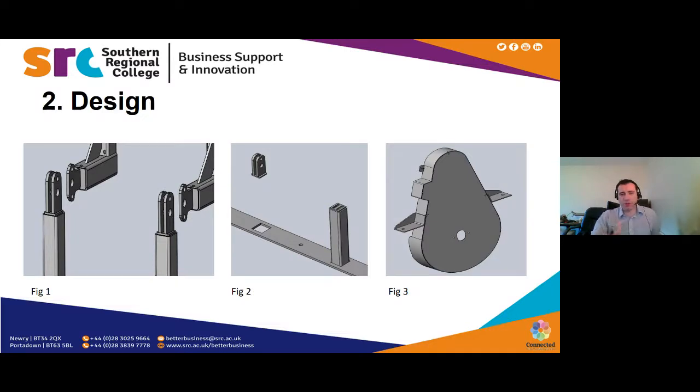Figure 2, because we're designing everything using 3D SolidWorks modeling packages, I was able to profile in and cut holes for locating your box section and your bracket. So it cuts down the amount of jigs required for setup.